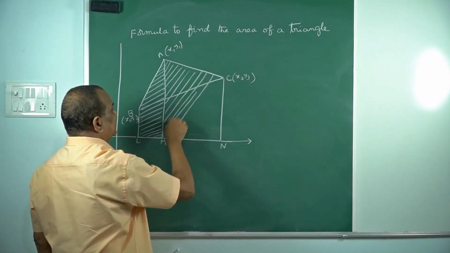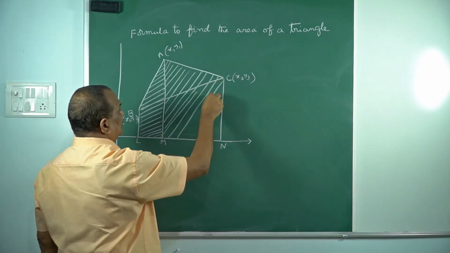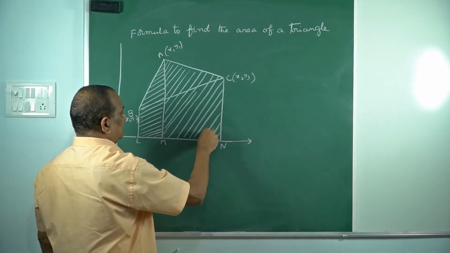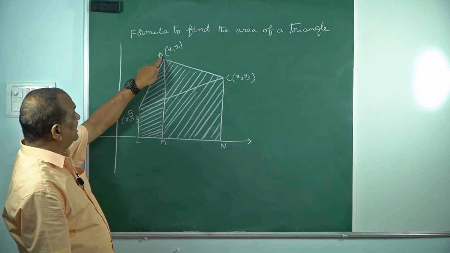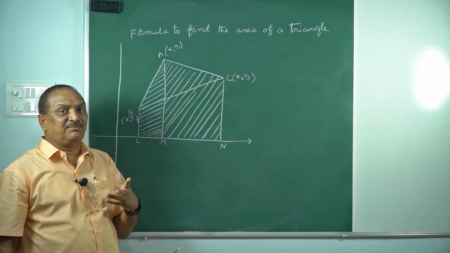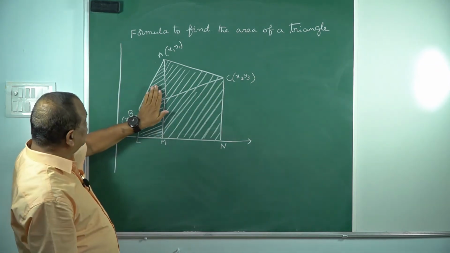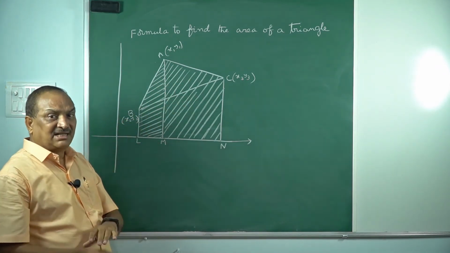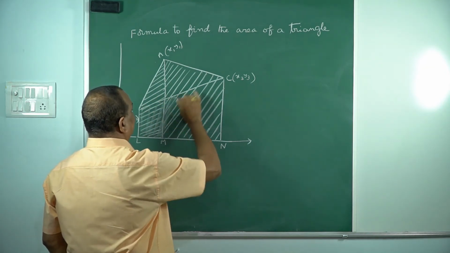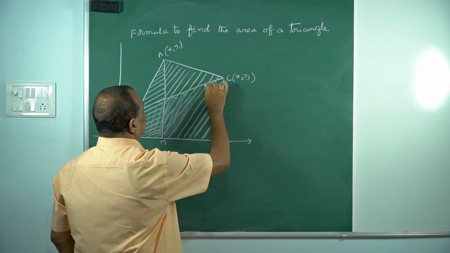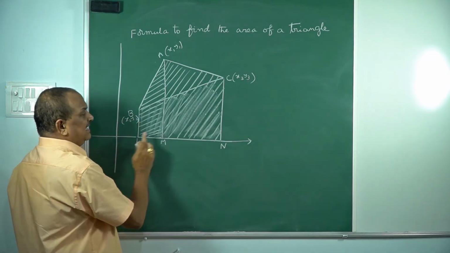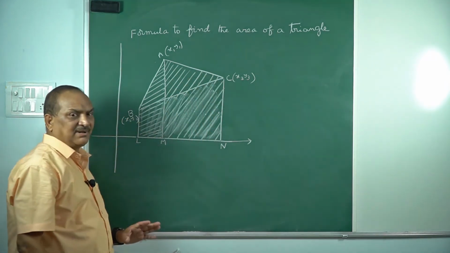This trapezium I am shading now is A, M, N, C. I add this trapezium and this trapezium, but from that I take away another trapezium. Which trapezium is subtracted? Can you tell me? B, L, N, C is subtracted.